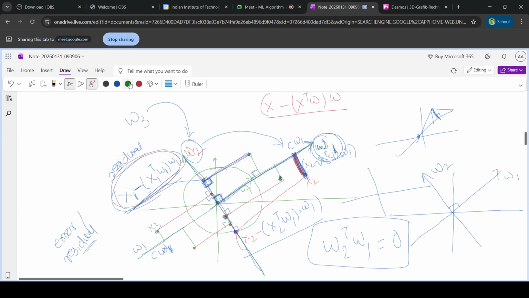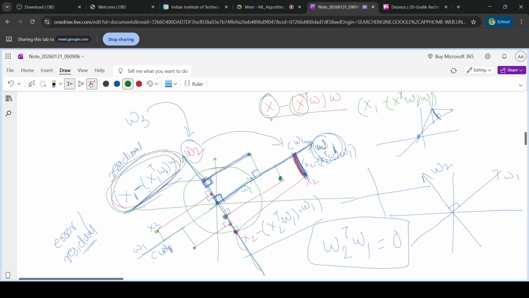Now this x is replaced by this value. For example, now x1 minus x transpose w1 into w1.